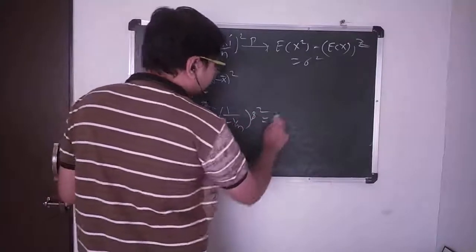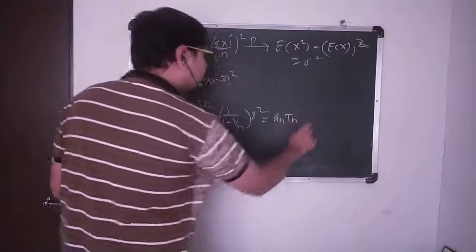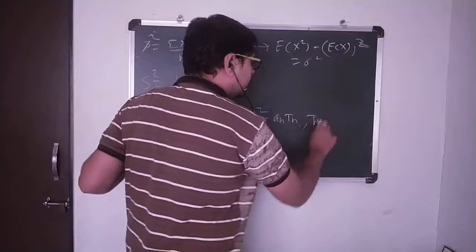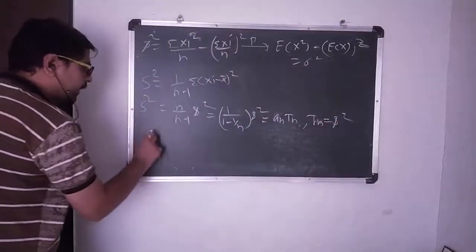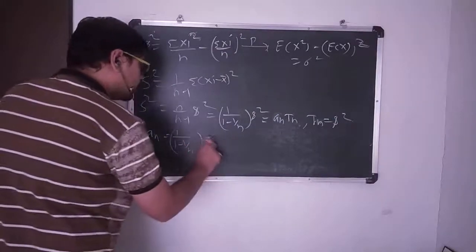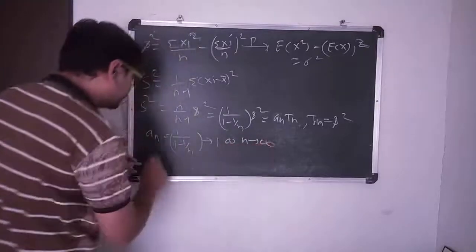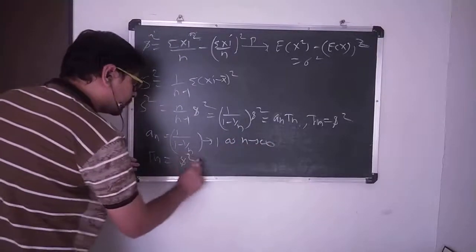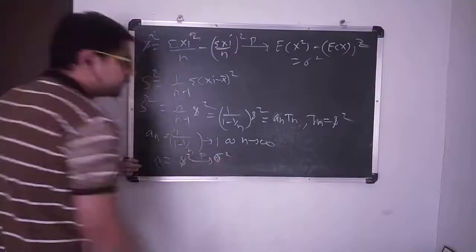So this is of the form an tn, where tn is small s square. So an, which is equal to 1 upon 1 minus 1 upon n, tends to 1 as n tends to infinity, and tn, that is small s square, is a consistent estimator of sigma square.